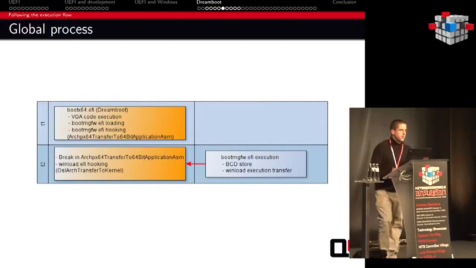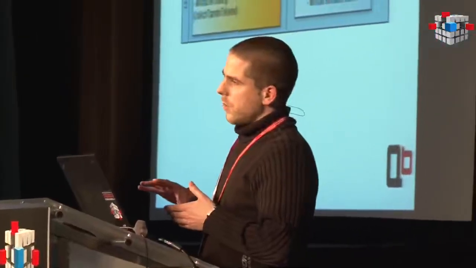So the first stage is to hook the bootmgfw loader. We will hook a specific function which is in charge of transferring the execution flow from the first bootloader to the second one. It's the best place to put a hook, I think, because we directly have a pointer to WinLoad's code.